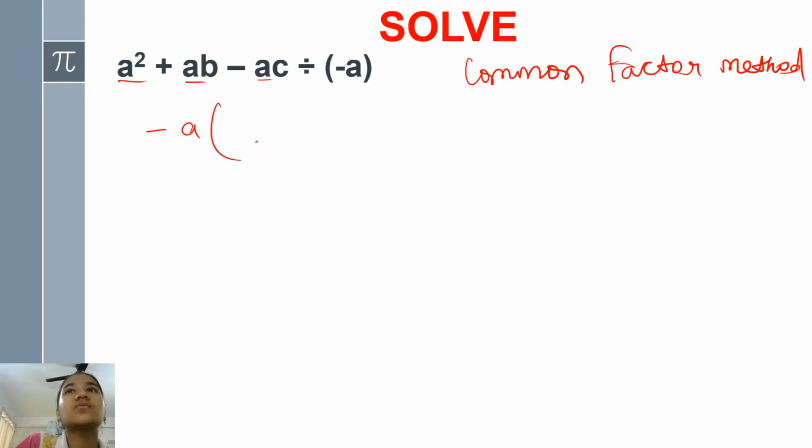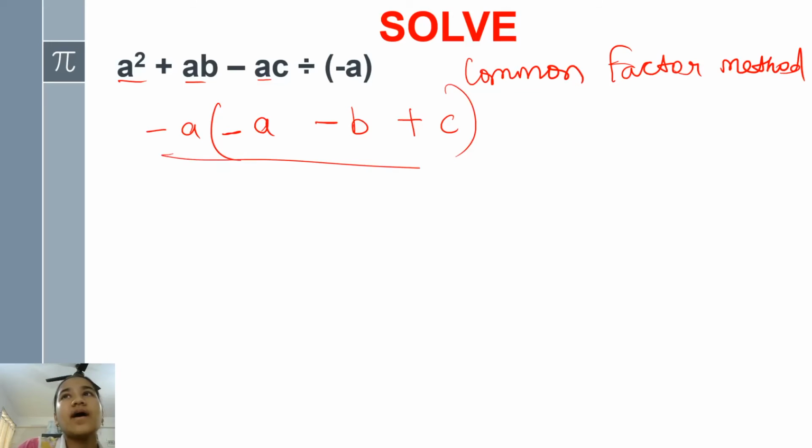If you take it outside, what will be over here? Minus a plus b, not plus b, it needs to be minus b, and this will be plus c, divided by minus a.